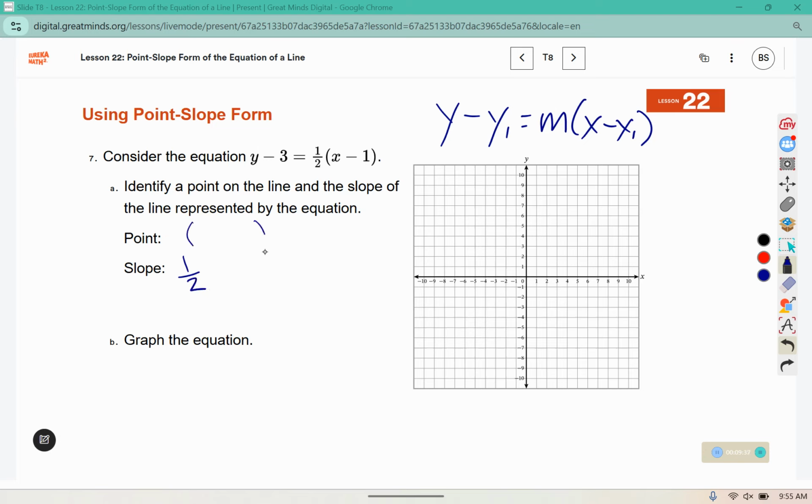And the point, we subtracted 1, that's the x value, and we subtracted 3, which was the y value. Then it says to graph the equation. So we're going to go over 1 and up 3 to get to that point. And then for the slope, we're going to go up 1 and over 2, and draw a line connecting those for the graph.